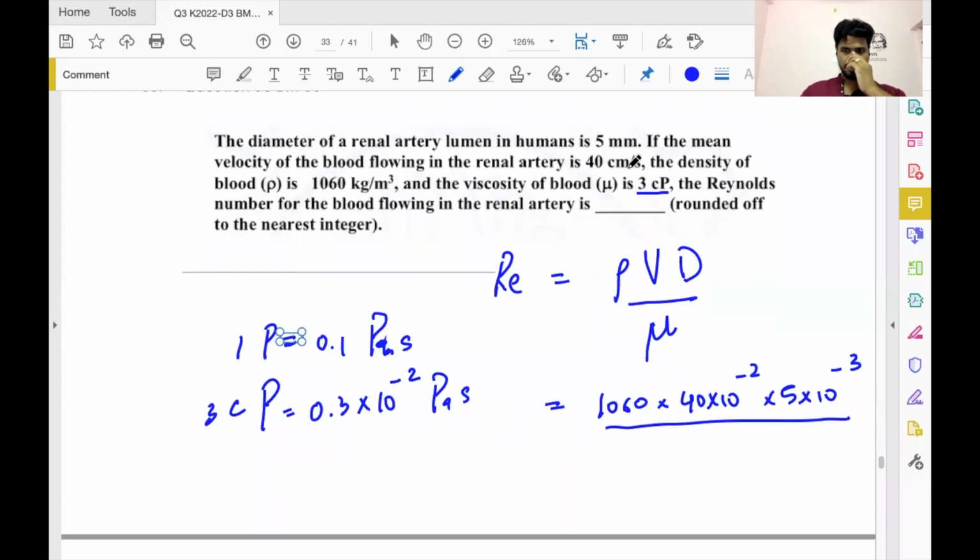So that is what we should be plugging in here. Velocity has a per second already there, so that should get cancelled. What we should have here is 0.3 into 10 power minus 2 Pascal second. The rest, kilogram per meter cube and Pascals, should easily cancel. What do we get for this?